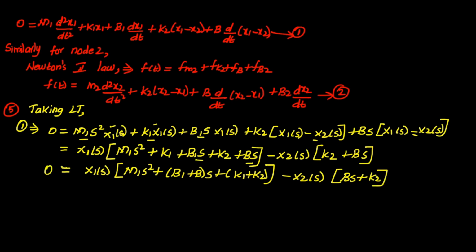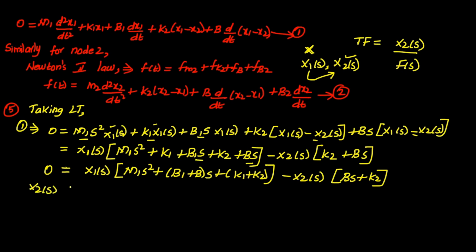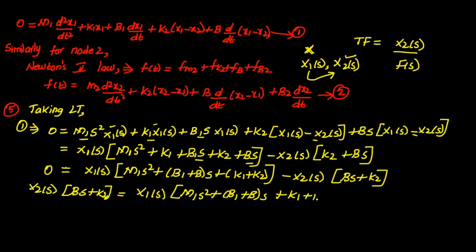Okay, so left side is 0. So what is our required transfer function expression? x2 of s divided by f of s, correct? So we know we have two displacements, x1 of s and x2 of s. So our required displacement is x2 of s. We don't need x1 of s. So we are going to find x1 of s in terms of x2 of s. That is x2 of s into bs plus k2 is equal to x1 of s into m1 s square plus b1 plus b into s plus k1 plus k2.